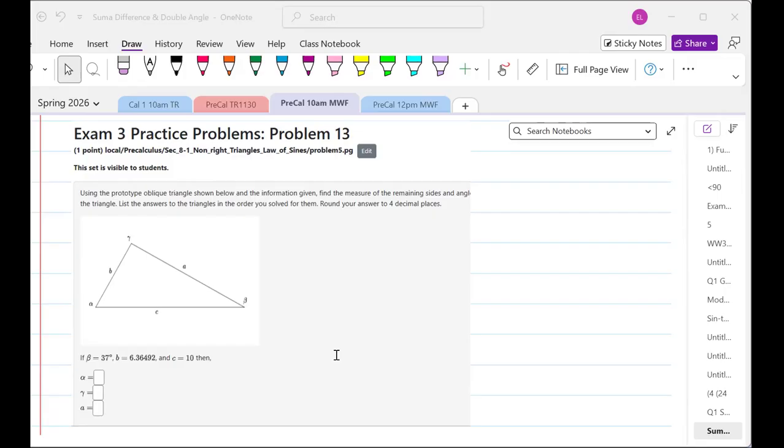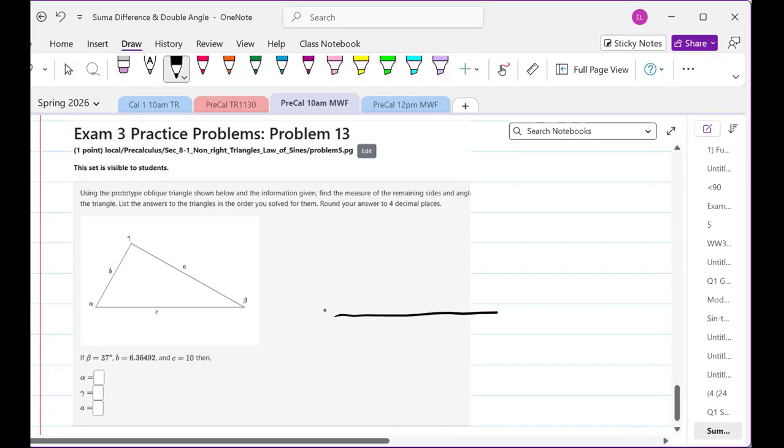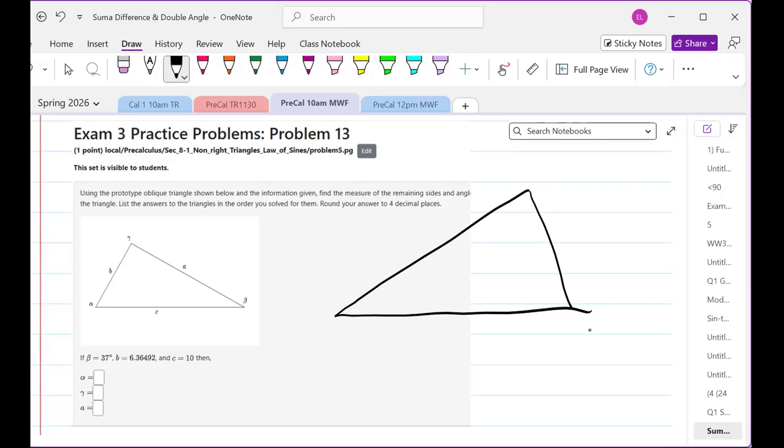All right, so if we start this problem out, I don't use the drawing they give. I draw my own. All right, so I draw a big horizontal side, a long diagonal, and then a short diagonal. And then the angle they gave me was beta.